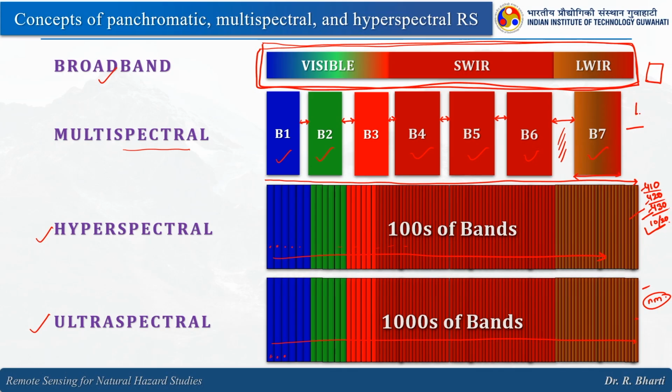Here you have a minimum of 3 images, here you have tens or hundreds of images, and here you have thousands of images. So, that is the difference between panchromatic, multispectral, hyperspectral and ultraspectral. I hope this concept is clear to you.